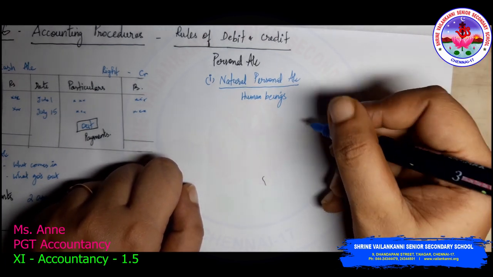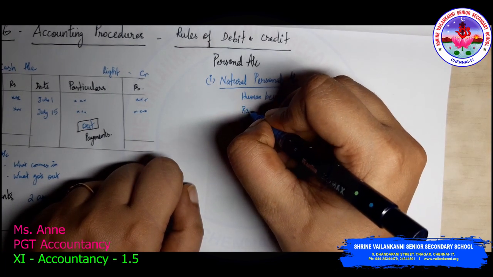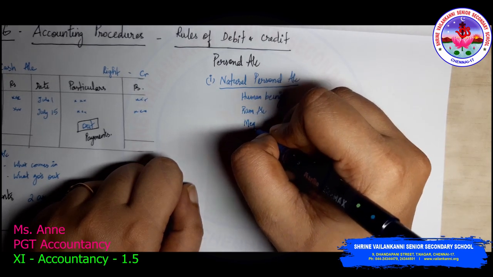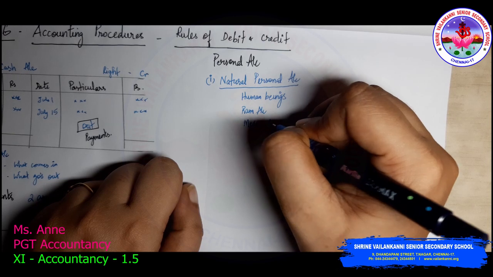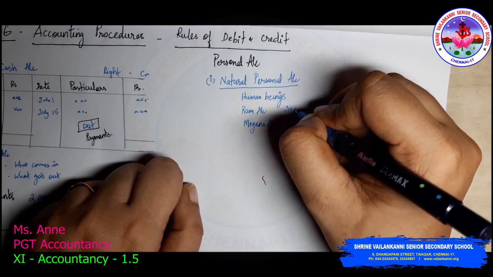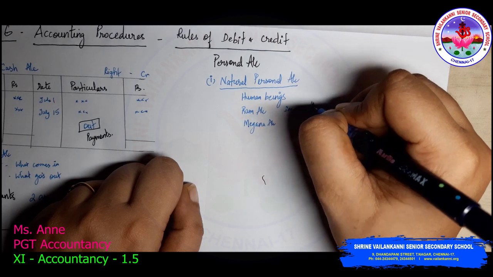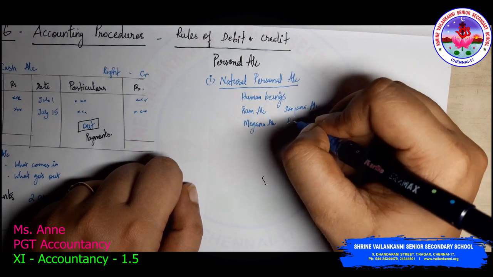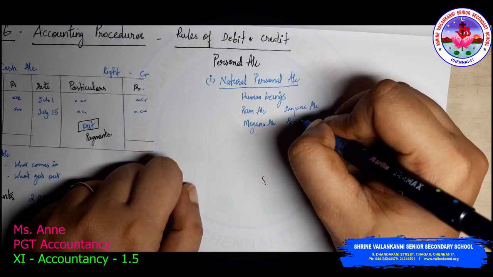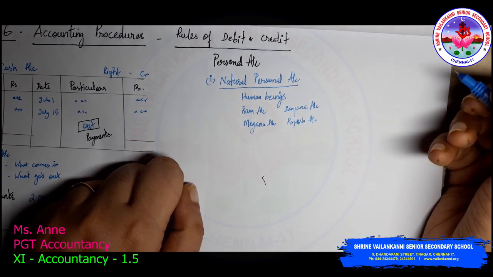Say for example, Ram account, Meghana account, Sanjana account, or Rajesh account.